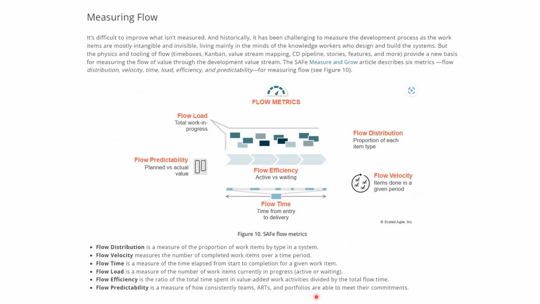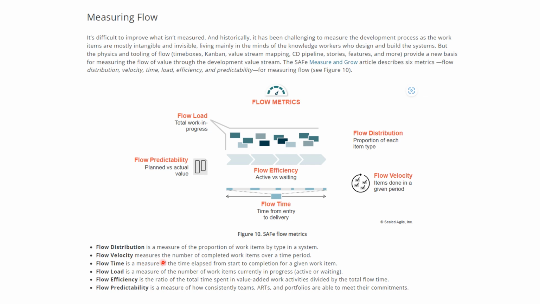So let's go one by one. I'll be putting out independent videos on how to apply these metrics in each of the flows, like team flow, ART flow, or portfolio flow. So now let us try to understand what all these metrics are about.